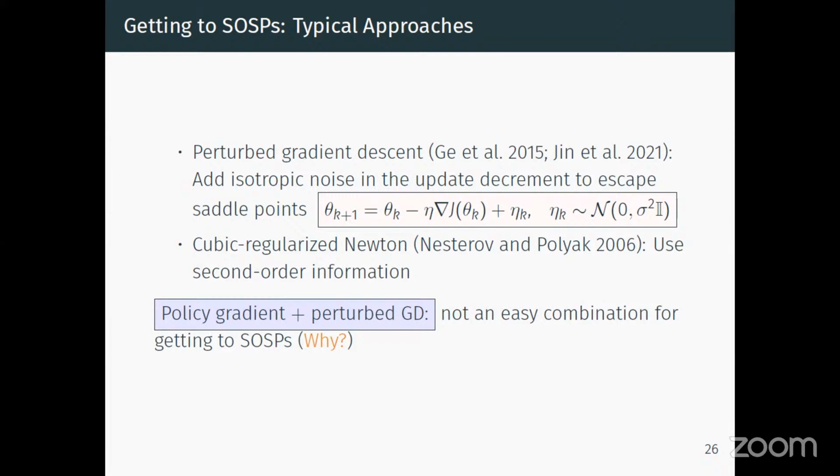REINFORCE is stochastic gradient, and it may get stuck in a saddle point. There's no guarantee that it will go to a local minimum. The classic trick in non-convex optimization is to add noise. Now, if I add that, is it straightforward to infer intuitively, with no proof, that I will escape saddle points? Is there any challenge?